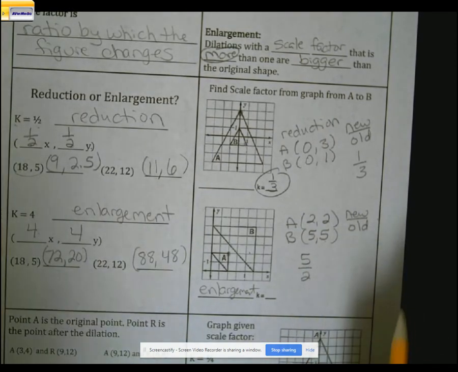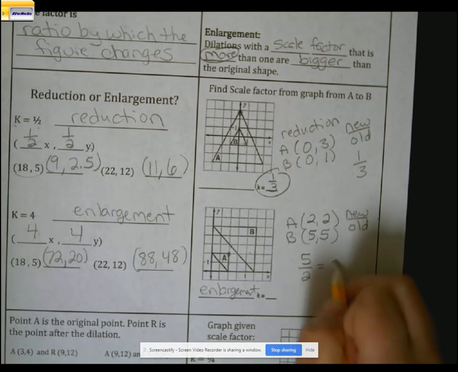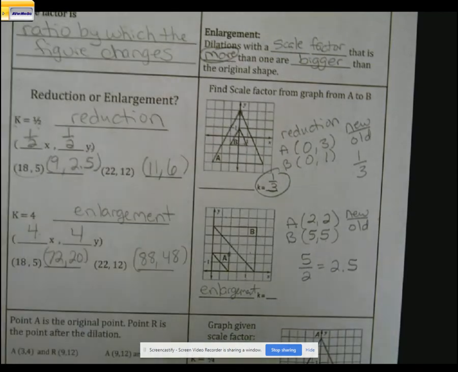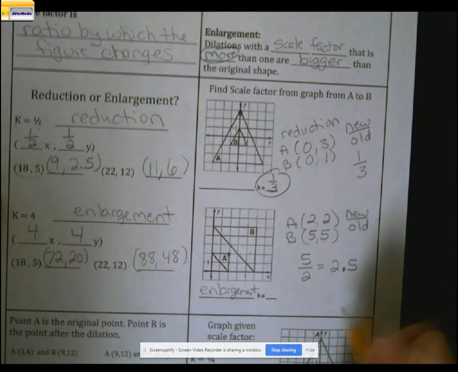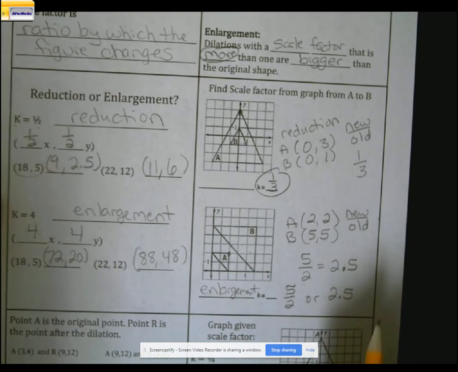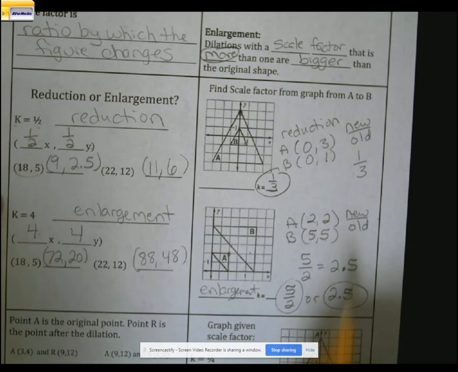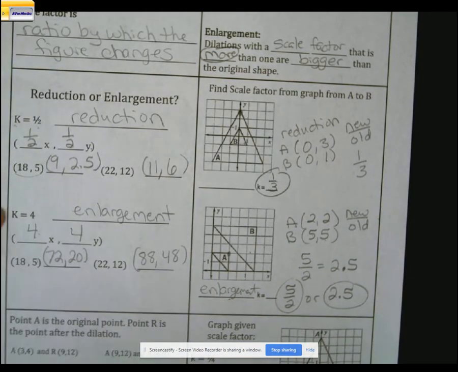I could leave it as a fraction, 5 over 2, or I could divide 5 by 2, which would give me 2.5. Either way, you could say a scale factor of 5 over 2 or 2.5. It makes sense that it's an enlargement because both of these are greater than 1.